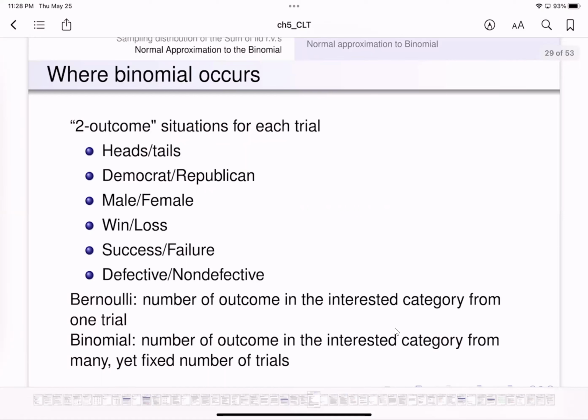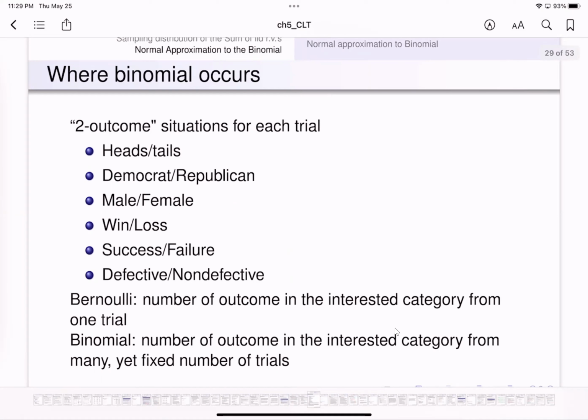So the head and tail are the 2 possible outcomes. Another one, consider whether the president is in the Democratic or Republican Party. Also 2 outcomes. And male, female, win or loss, success or failure, a product being defective or non-defective, and so on.